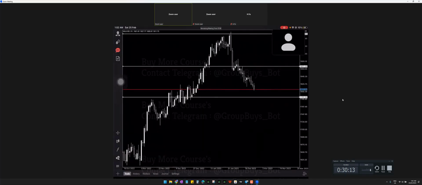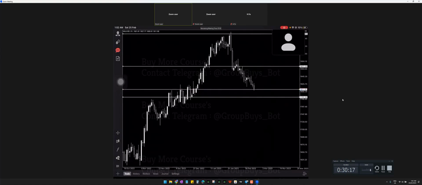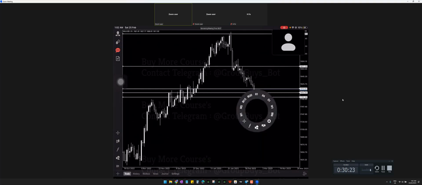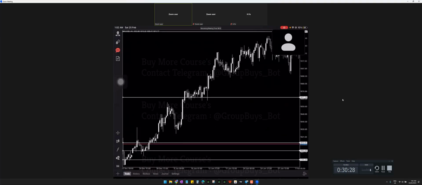And then I wait for the next weekly zone. But the thing is, I will focus on the current zone first, which is daily. And then after I mark daily, I go to H4. Okay. After I go to H4, I process again and go to the breakout.